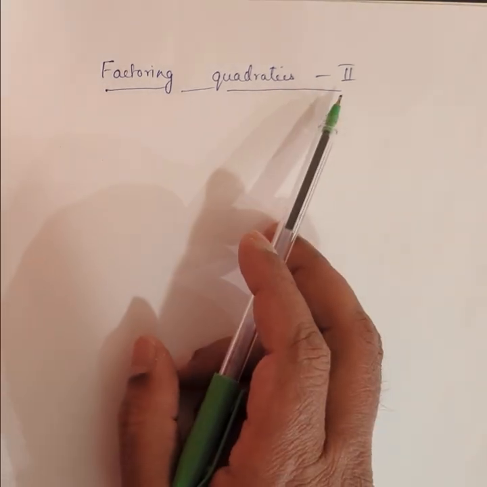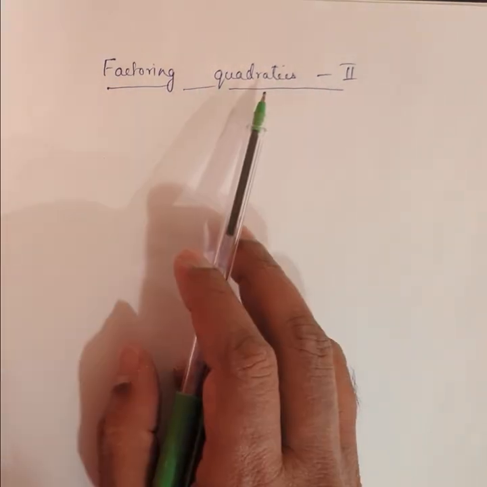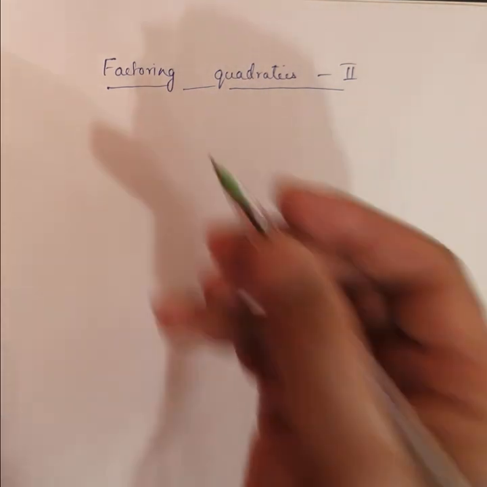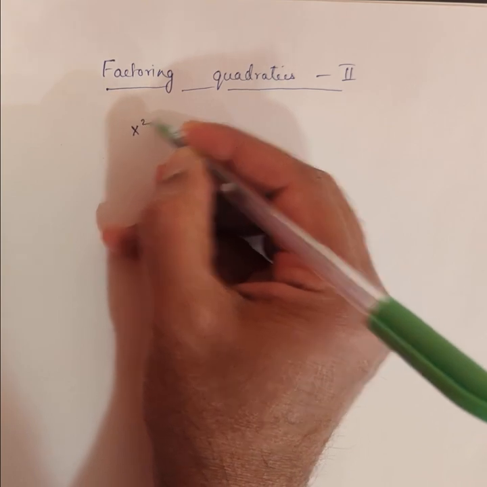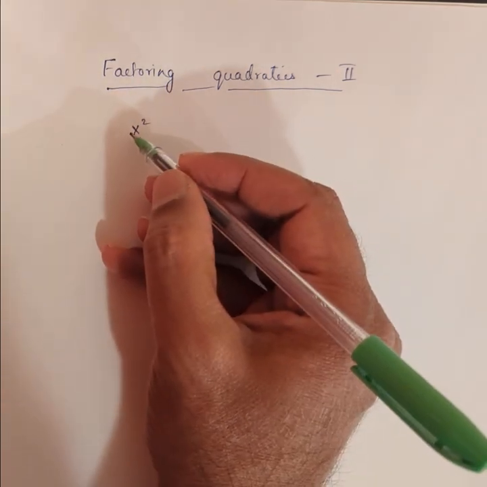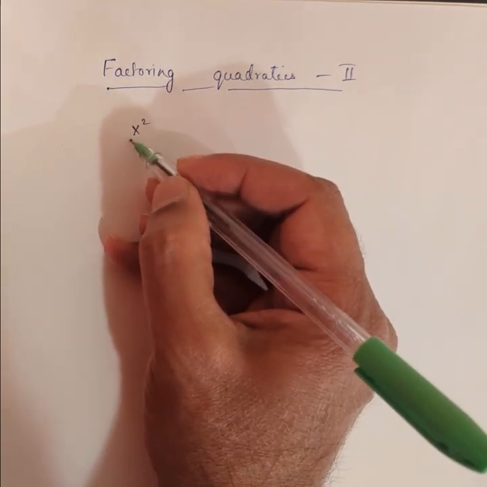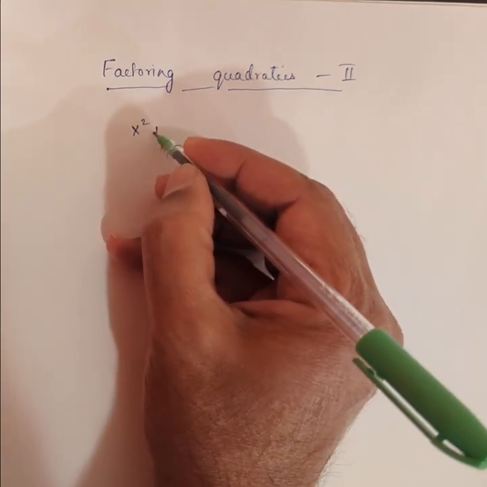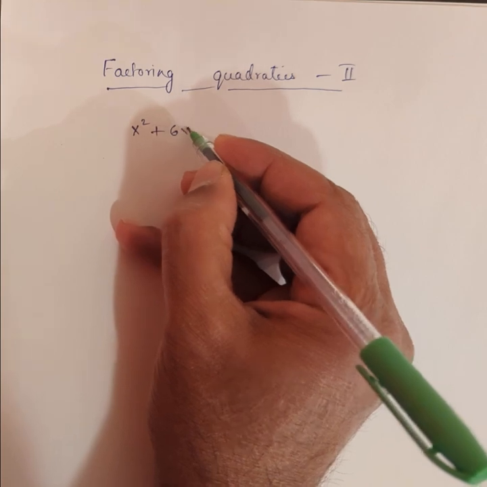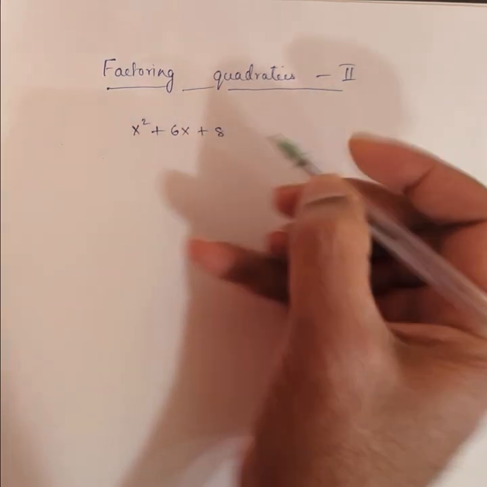Factoring quadratics, part 2. In part 1 of factoring quadratics, we looked at a quadratic expression that did not have a leading coefficient other than 1 in front of x squared. So we did not see any number in front of x squared. But we may have had some terms like 6x plus 8.